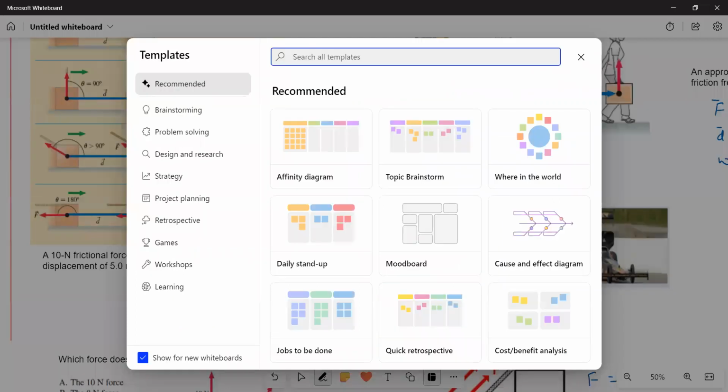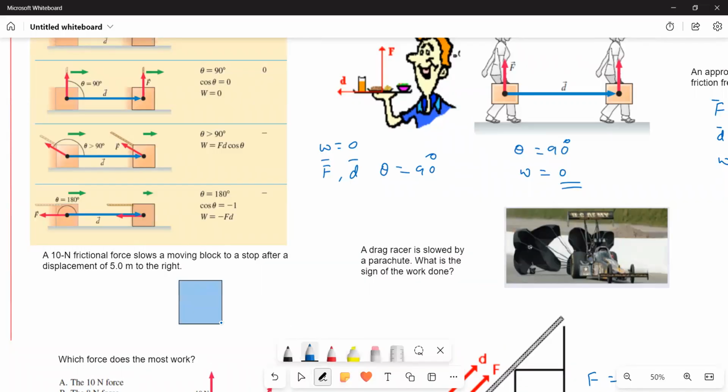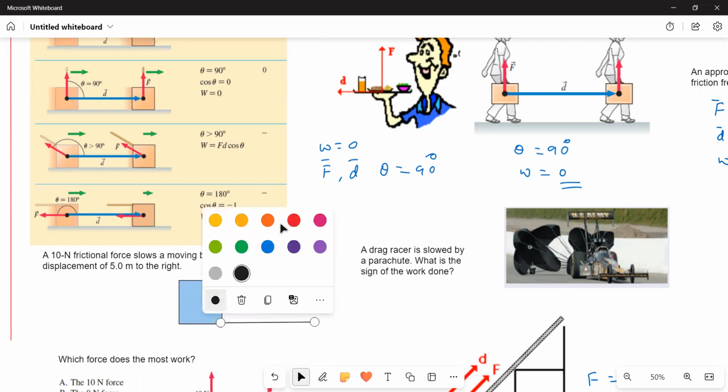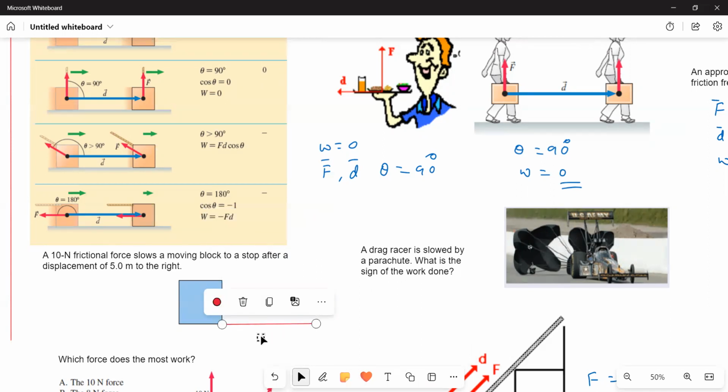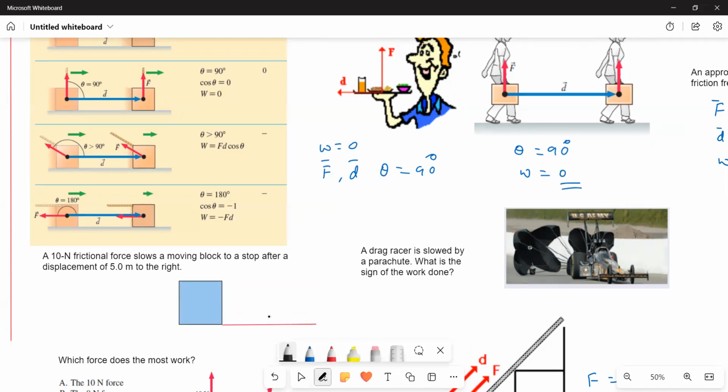This is the direction of motion of the object, the direction of displacement.